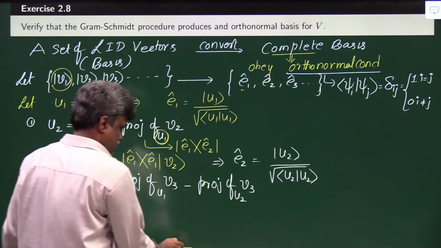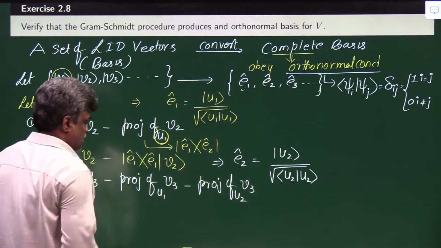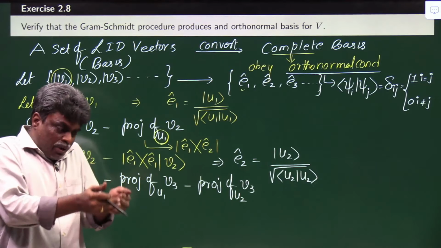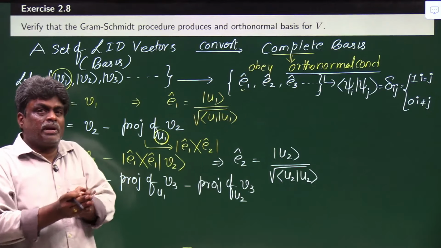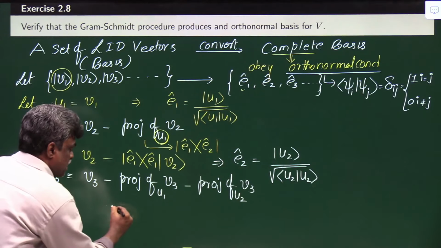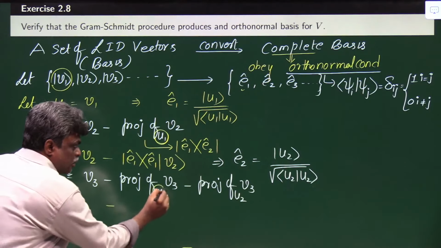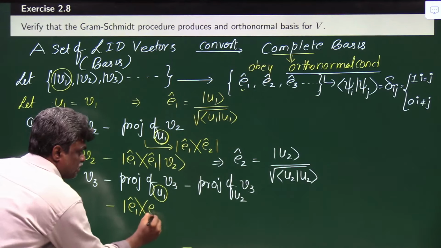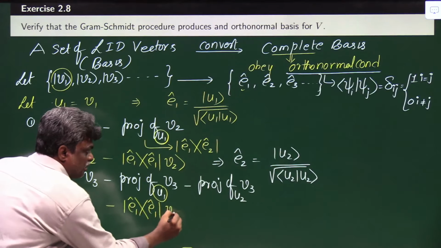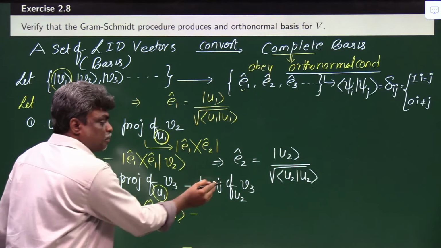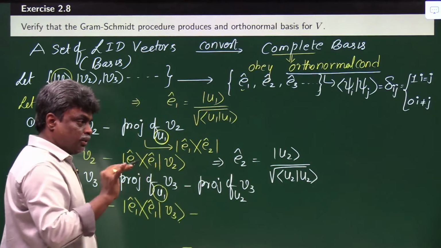So let us write this. Same concept. What is the meaning of the projection of v3 over u1? You just take the projection operator corresponding to u1 and operate on v3. Which is nothing but the projection operator corresponding to u1, this outer product, operates on v3, minus the projection of v3 over u2.